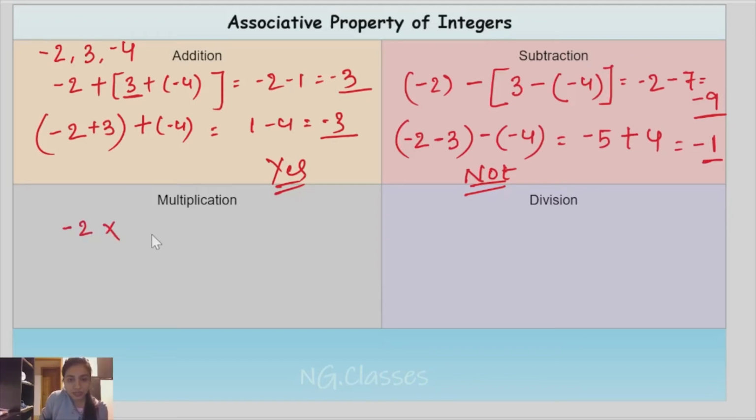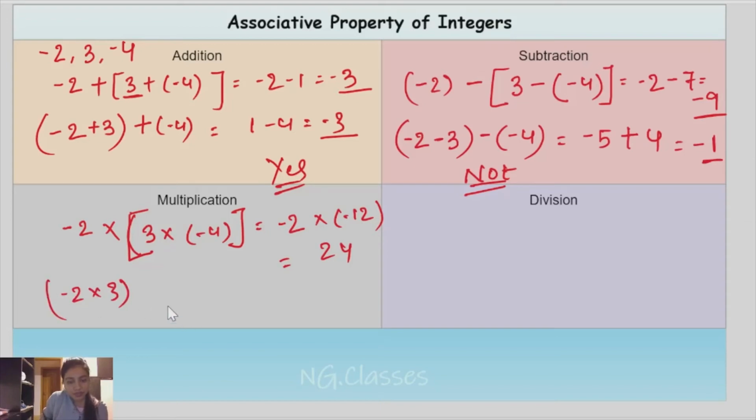-2 multiplied with 3, multiplication with -4. Okay, multiply this, we will get -2 times -12, that is +24. Now change the bracket, like keep this 3 with this 2 at first, and then multiply this -4.